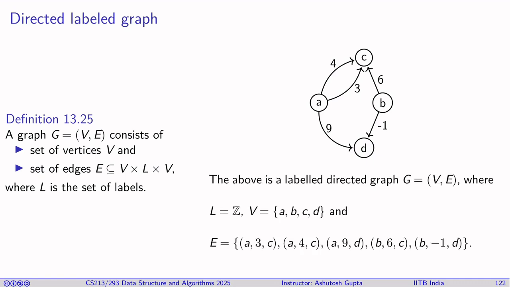Notationally, when you say L, you need to define the type of your labels. For example, here it's integers, and when you write edges, instead of writing pairs, you are writing triples where the middle element is a label. So we have seen various versions of the graph definitions, and now we are going to look at how to represent these graphs on a computer.